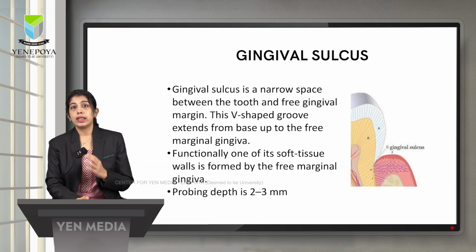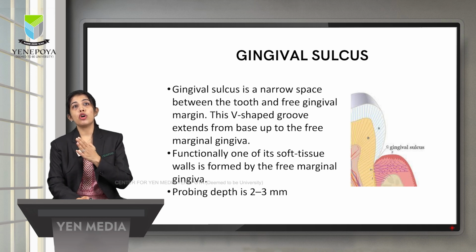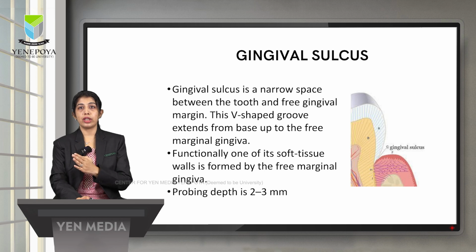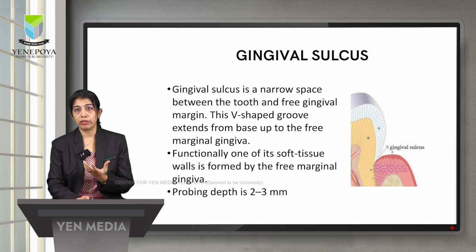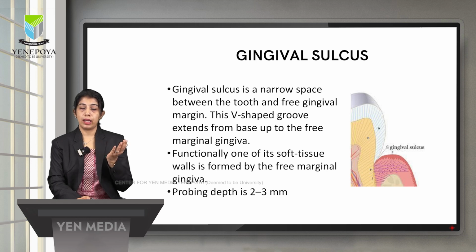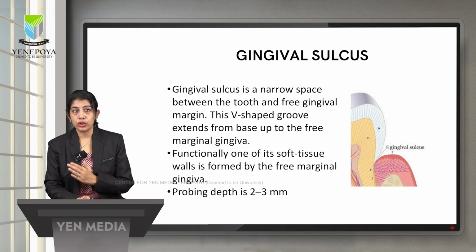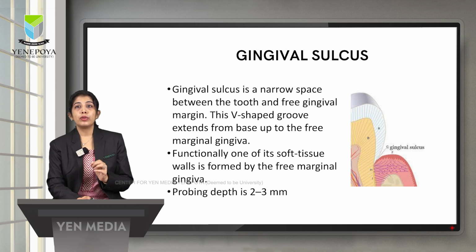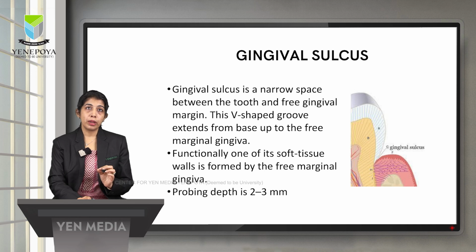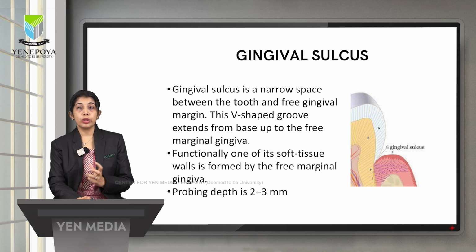This is what I said, that is the gingival sulcus. As you can see in the picture, the marginal gingiva forms the soft tissue wall of the gingival sulcus. It's a V-shaped crevice that is present all around the tooth. On one side it is surrounded by the tooth, and on the other side it is the free marginal gingiva. Ideally, the depth of the gingival sulcus should be 0 mm, but there is no mouth that is germ free.